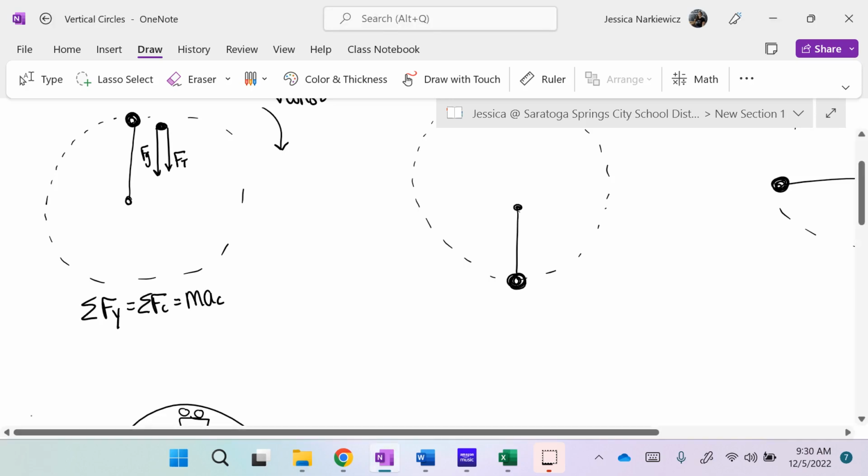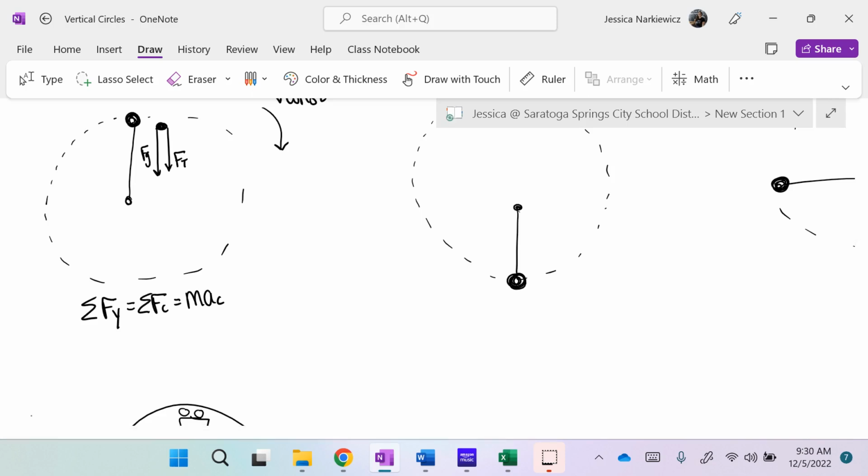So here, both Fg and Ft point inward to create the centripetal force. And since they're both pointing inward, we always want to say that into the circle is the positive direction, and these two are going to add together. So they kind of share the responsibility for getting the object to move in a circle.